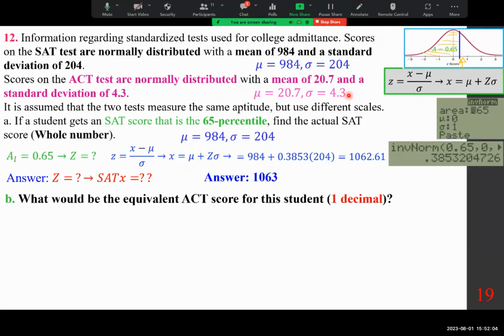That's the question. So again, we have to find the z, but the z was already found. So from the z of this previous step, we're going to go to x of ACT.